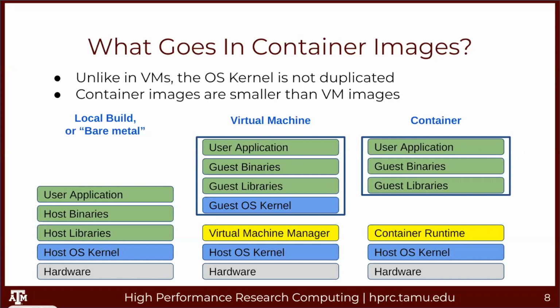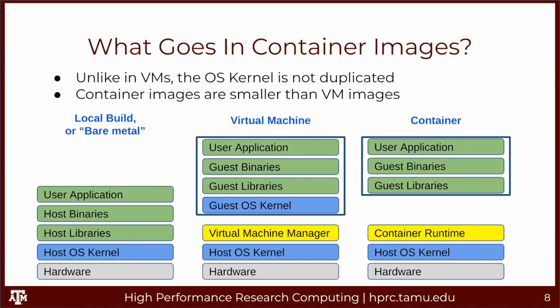Are there any questions about virtual machines versus containers? There's a lot of words on the screen. All the green things are lumped together as things that you can put in a container, basically. What is a library? What is a binary? What is a user application? The libraries are essentially the things that make one distribution of Linux different from another.